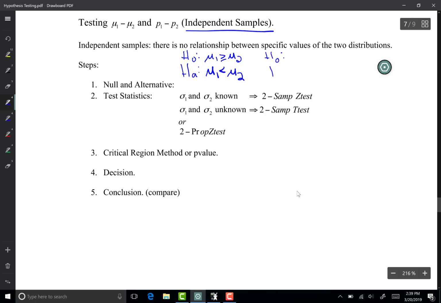A right-tailed test would be where mu1 is greater than mu2, and of course then the null would be the complement with the equals. Or we could also have the two-tailed test, where mu1 is not equal to mu2.